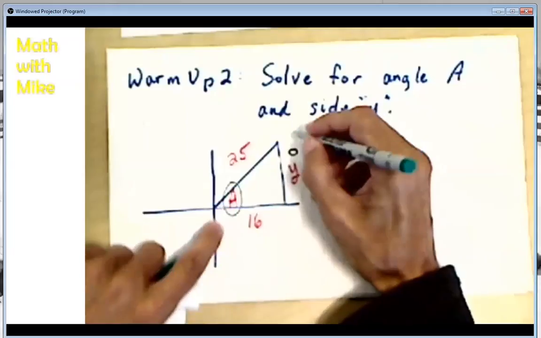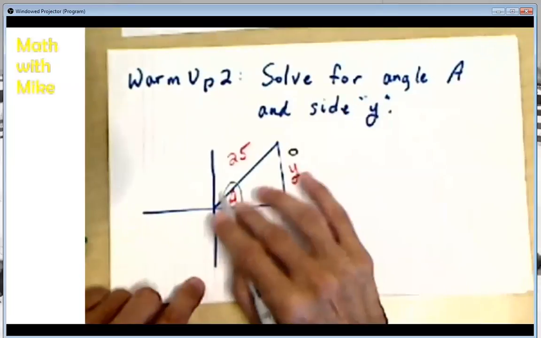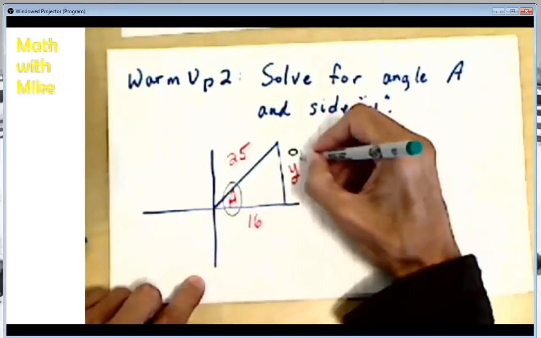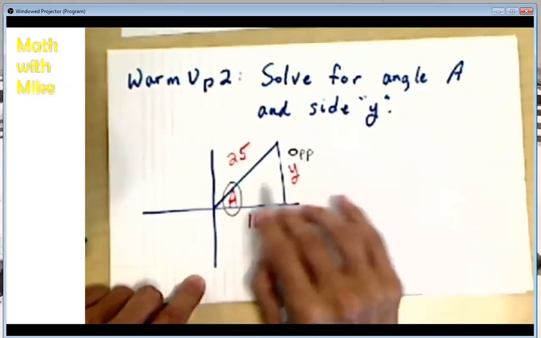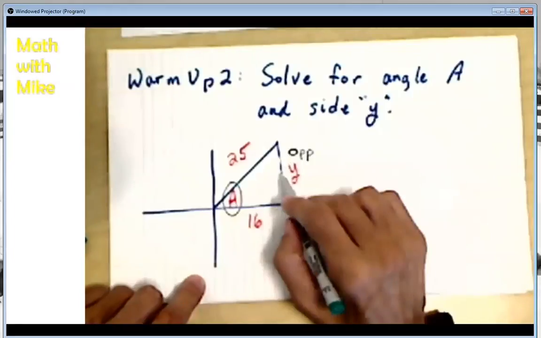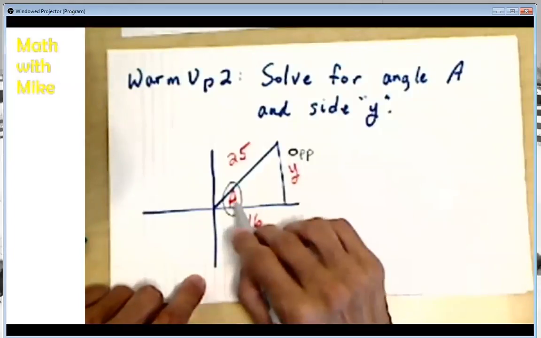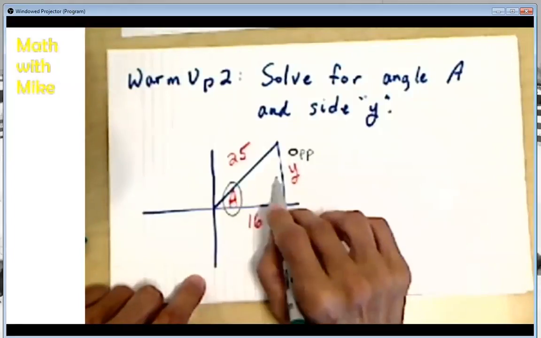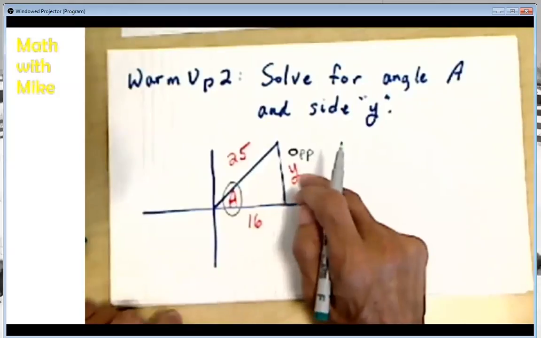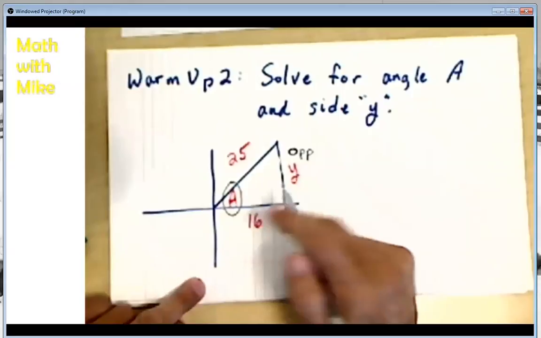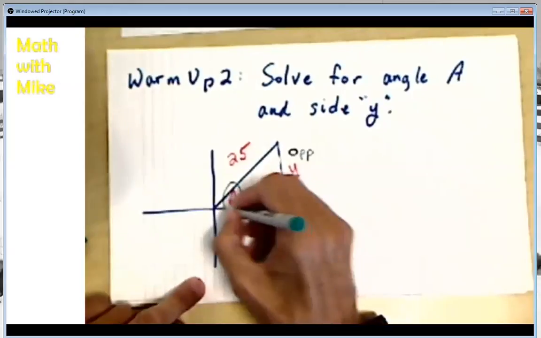Look at this. This is a big O here for when you circle the angle. It's a little O here. You see, it's far away. This side, the opposite side, doesn't touch this angle. Points at it. Yeah. Okay. ADJ is now this one. Yeah. ADJ helps make this angle.